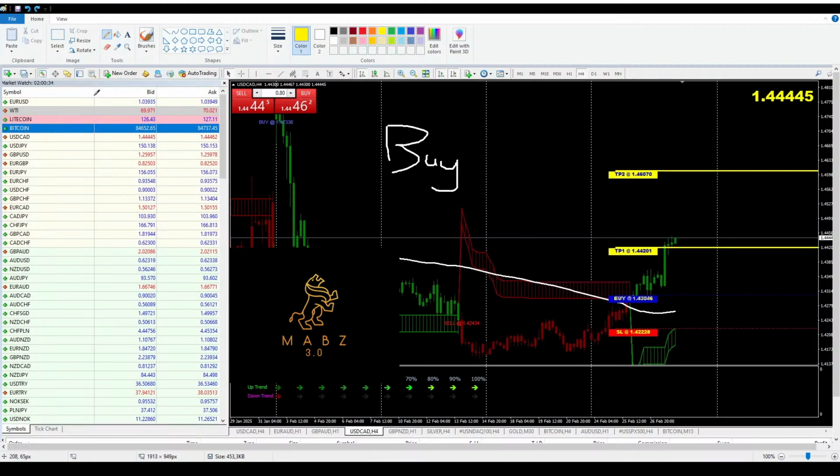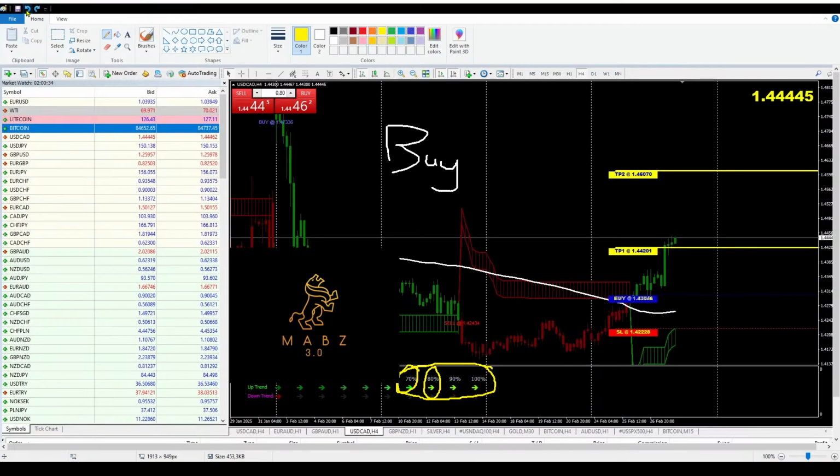Right now, once you've identified where the price is in relation to the moving average, then you look at the bottom of the screen, this meter here at the bottom. If the price is above the moving average, you need to pay attention to this meter. If these arrows are above 70%, you see those numbers, there's 70%, 80%, 90%, 100%.